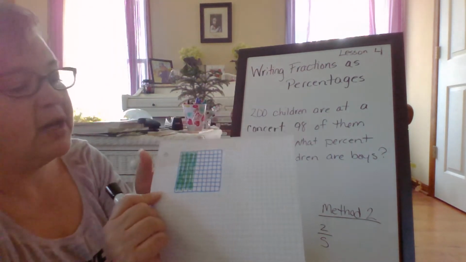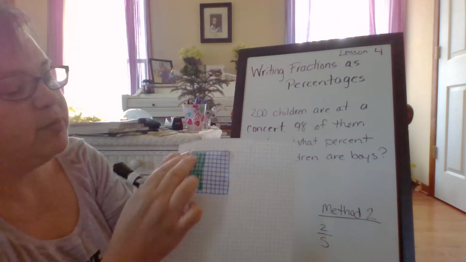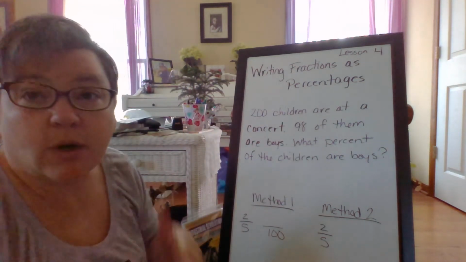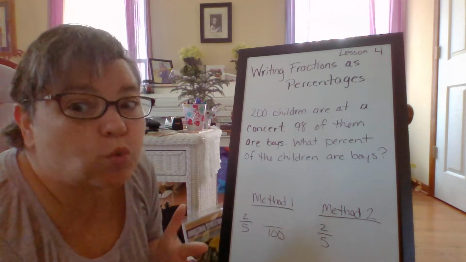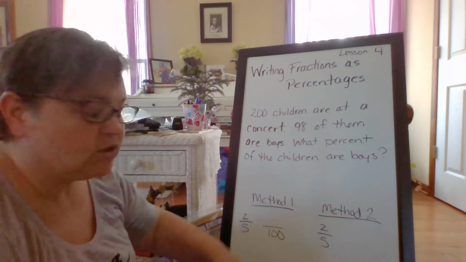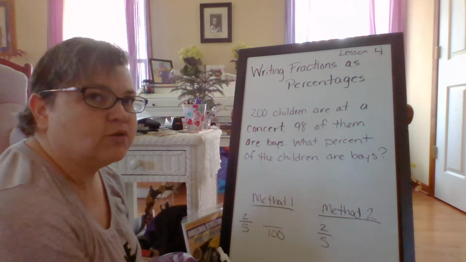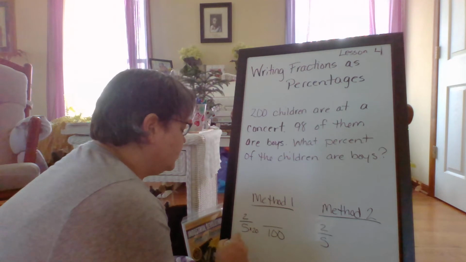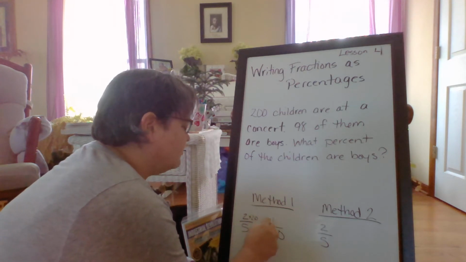If I had 2/5, that would be 4/10, and I could make it into a 100 grid, but that would be too much work to do for each problem. So I'm going to say 5 into what goes 100 times? Well, 5 times 20 will make 100, so 2 times 20 will give me 40.